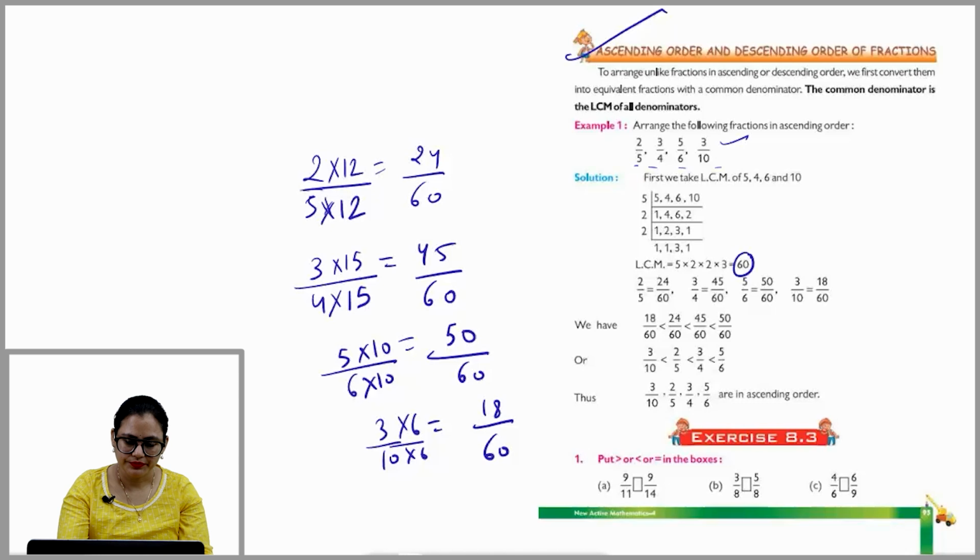Now see, they have become equivalent fractions, and denominators are same. Now we can compare them easily. So we have to arrange them in ascending order.